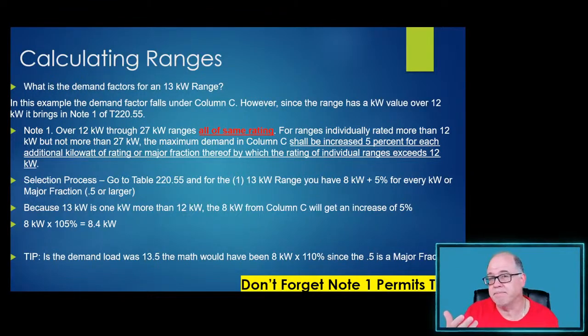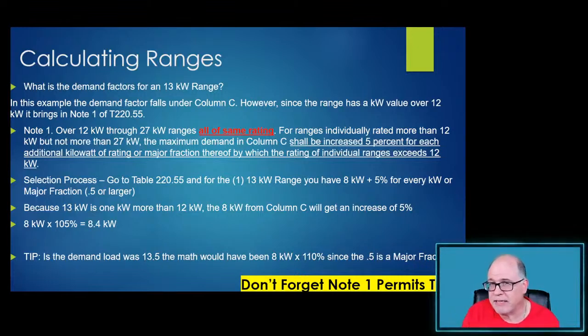It's pretty simple. Remember, we're still going to use the base that's in column C, 8 kW for one range. That doesn't change. We only have to increase that value by a percentage of what? 5% for every kW that it exceeds 12, okay?